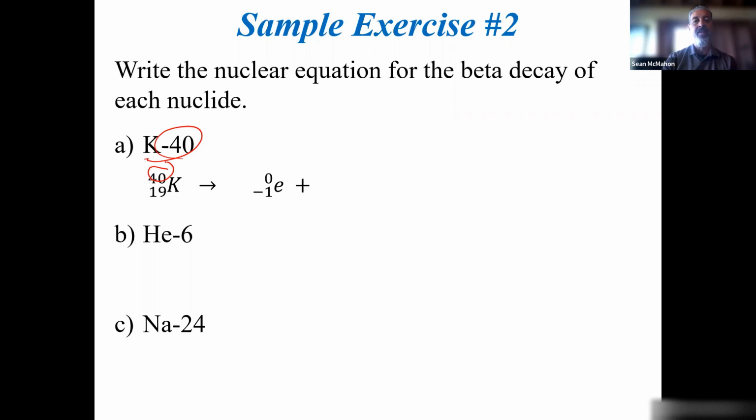Okay. So -1 plus what number is going to give me a 19? 20. 20 minus 1 is 19. The mass number doesn't change. It's still 40. How do I figure out the elemental symbol? I look on the periodic table and I look for atomic number 20 and I see it's calcium.